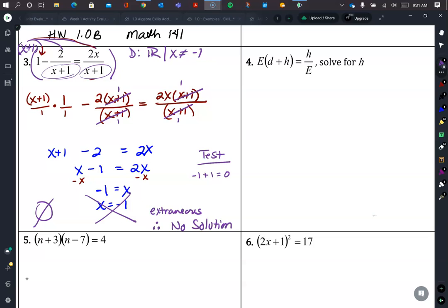Okay, so for number 4, this is called a literal equation. And we need to solve for h in terms of all the other variables. So what I like to use first is the clearing of the denominator, or you could think of it as cross multiplying, but I'm going to multiply both sides by e.